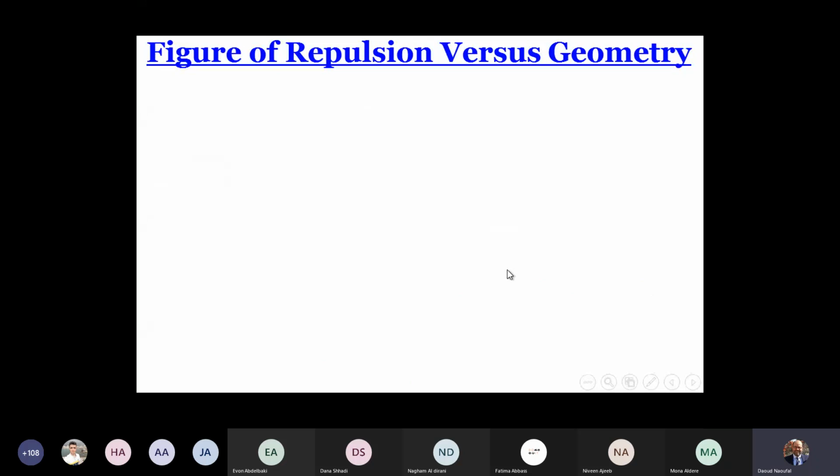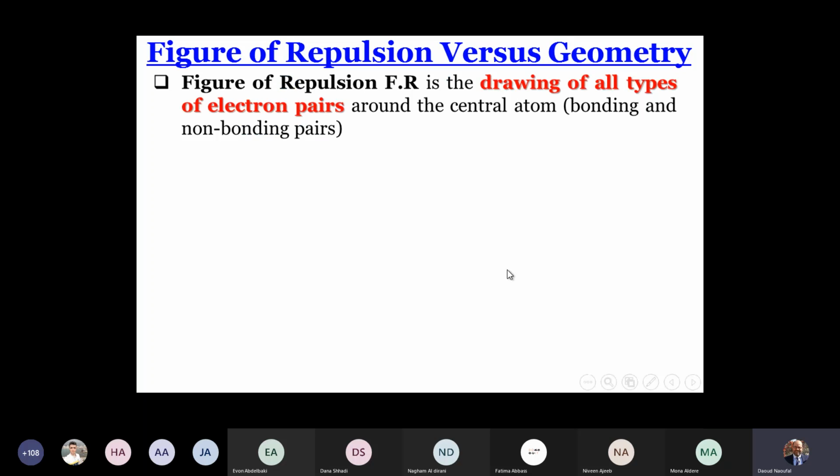Figure of repulsion versus geometry. What is the figure of repulsion? The figure of repulsion is the drawing of all types of electron pairs around the central atom.